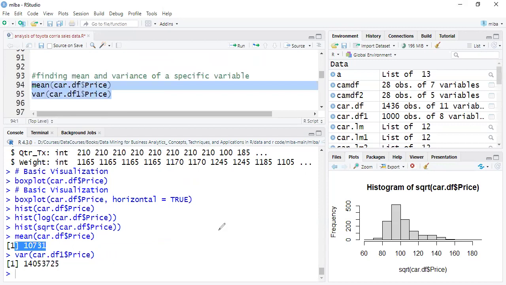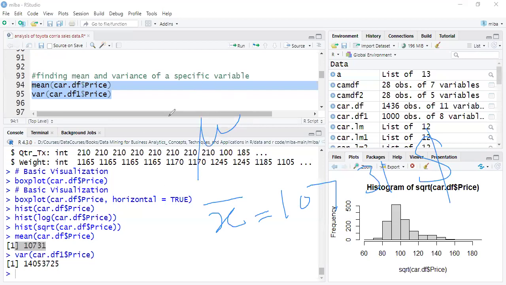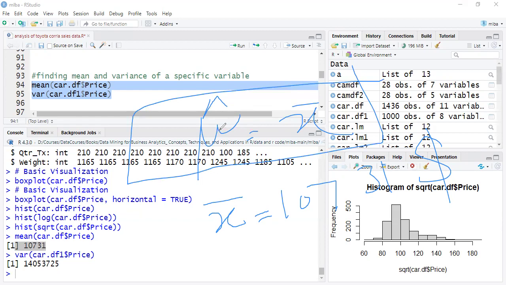In analysis, we denote this as x bar, the sample mean, which is 10731. Whatever the unit is, dollar or pound, you should keep the unit. It's a sample mean, not a population mean. If you are interested in finding the population mean, the procedure is called predicting the population, so we are predicting by inference. This is the estimation procedure: the estimated price of all such cars in the US. Suppose the data belongs to the US.